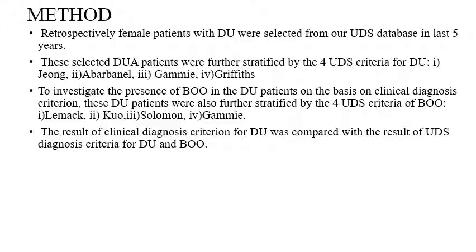To investigate the presence of BOO in the DU patients, these patients were also further stratified by the 4 UDS criteria of BOO: Limac, Core, Solomon, and Gami. The result of non-UDS diagnosis for DU was compared with the result of UDS diagnosis for DU and BOO.